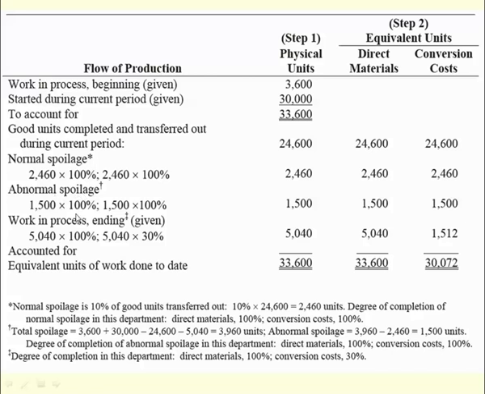Abnormal spoilage is also 100% for direct material and 100% for conversion costs. Work in process ending was given the amount of 5,040 units, and it is 100% for direct materials but only 30% for conversion cost.